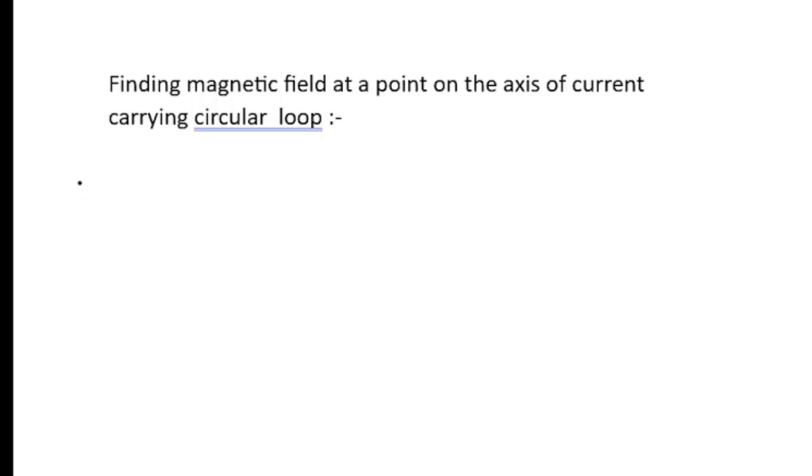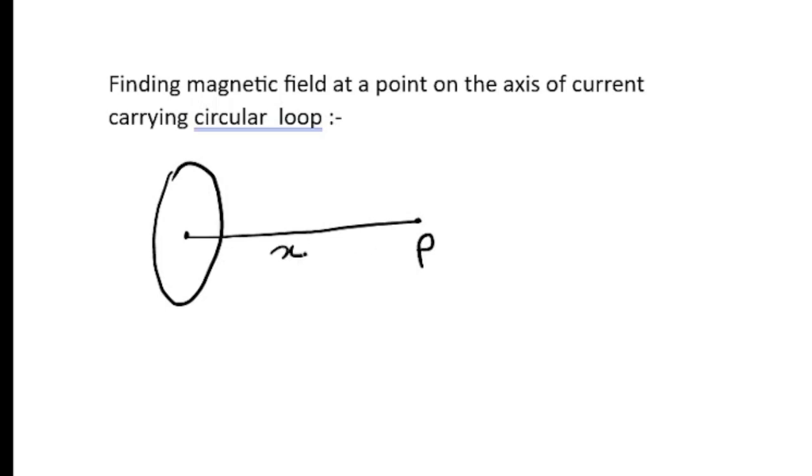So now see, suppose we have one circle. This is the center of the circle. There is a point P at a distance of x from center O. Now for finding the magnetic field at point P by using Biot-Savart law, we need to take a small current element from this circular loop.